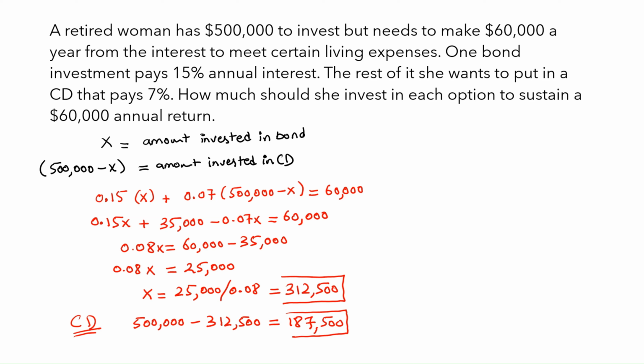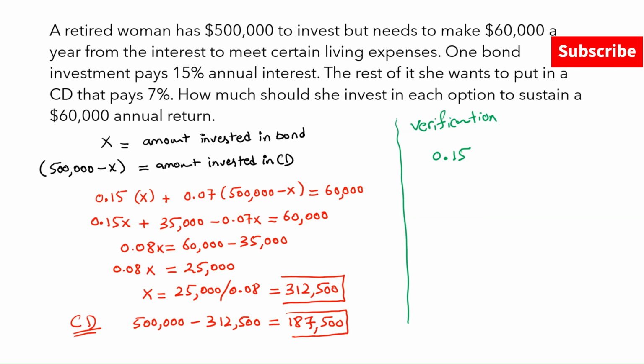Now, once we have this number, let's verify this based on the interest that we are getting. So let's do a quick verification step that she's expected to get 15% on the $312,500 she is putting in bond.